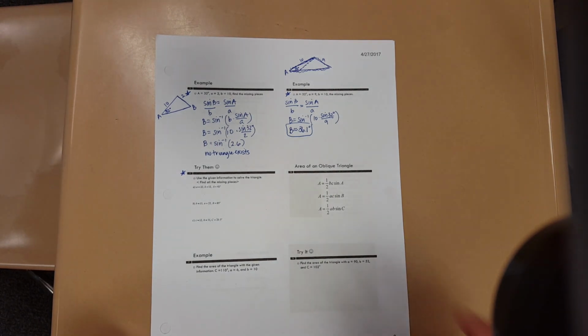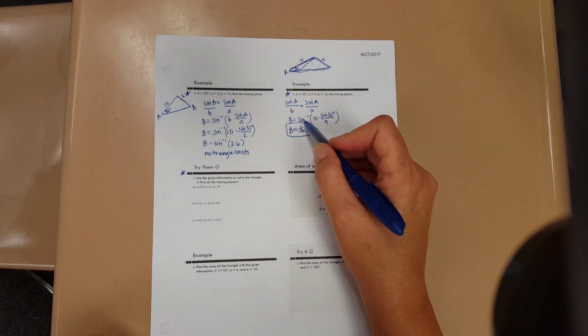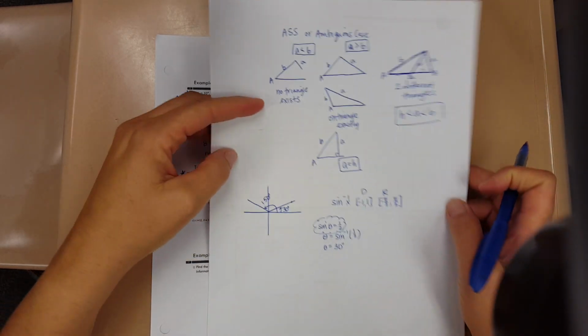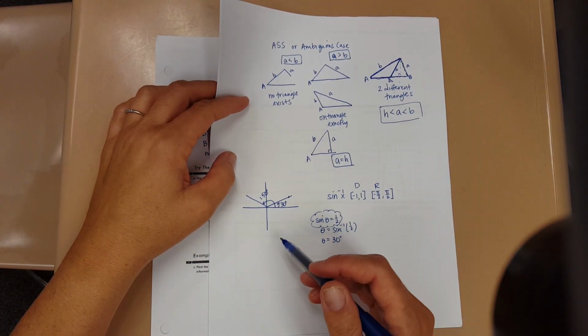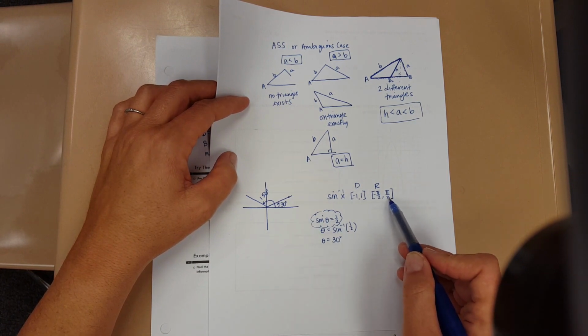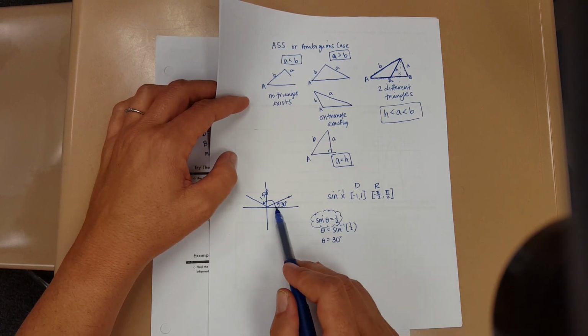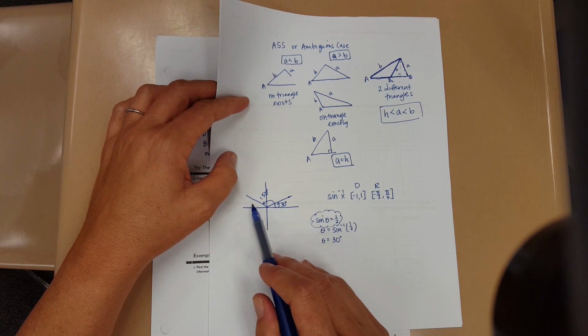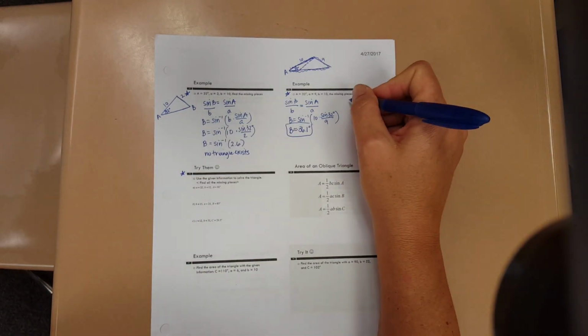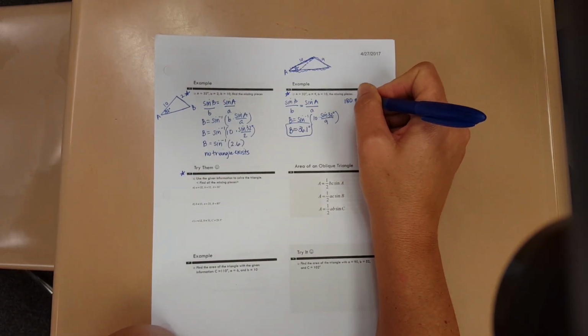Remember, anytime I use the sine inverse button, I have to be worried about the fact that my calculator is only going to give me one answer in the first quadrant. I need to consider my second quadrant answer. To get that second quadrant answer, I subtract from 180. So over here, I'm going to do 180.